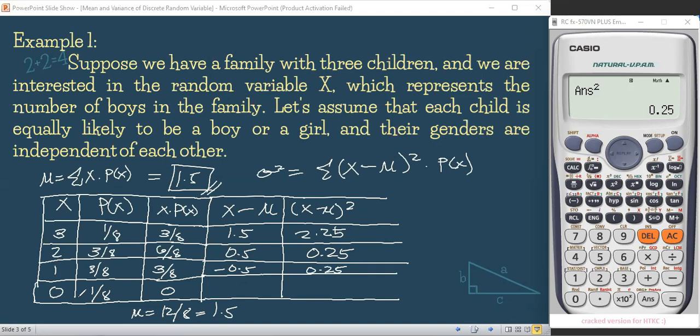At ito po, 0 minus 1.5, that is negative 1.5. And negative 1.5 squared will give us 2.25.